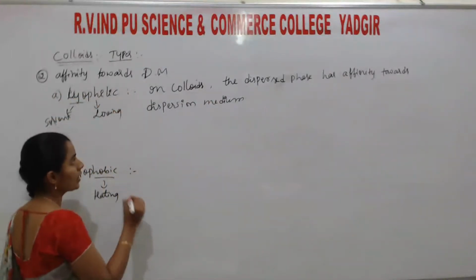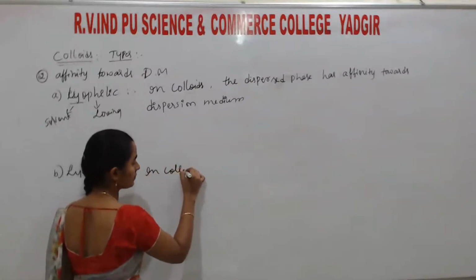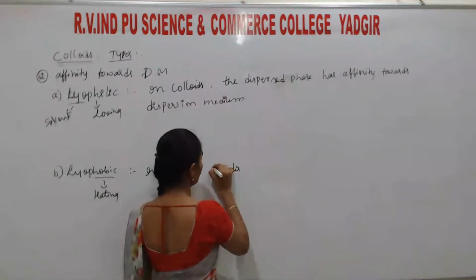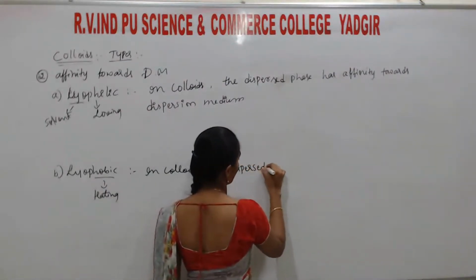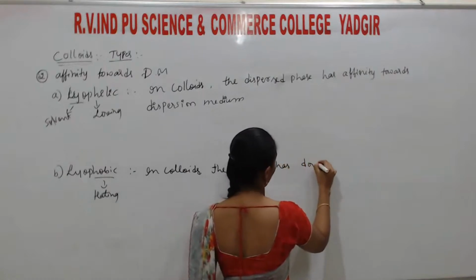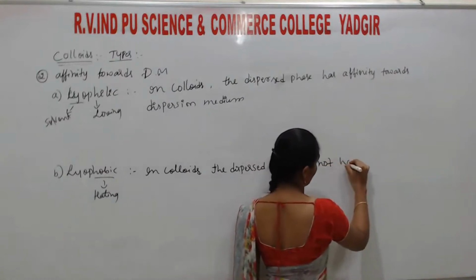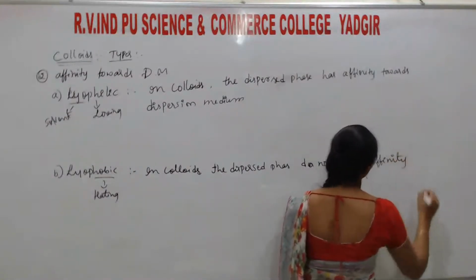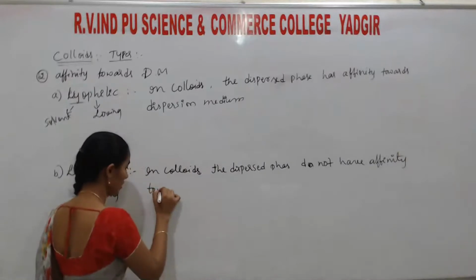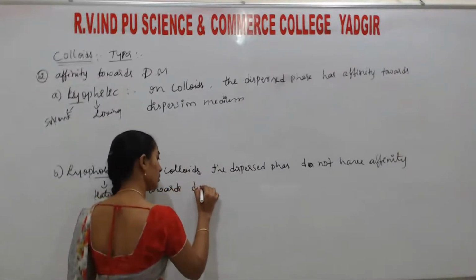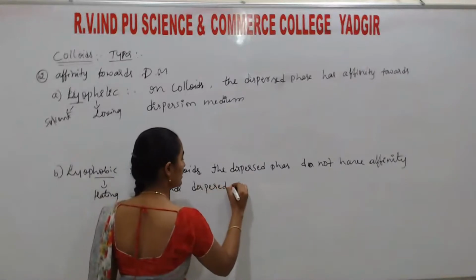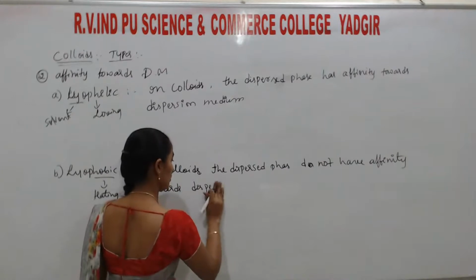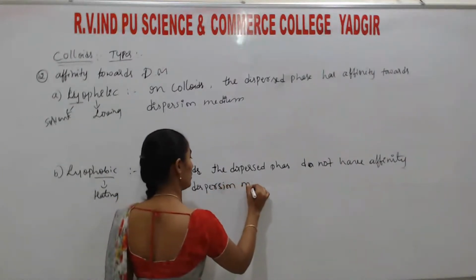So here exactly opposite. In colloids, the dispersed phase does not have affinity towards dispersion medium.